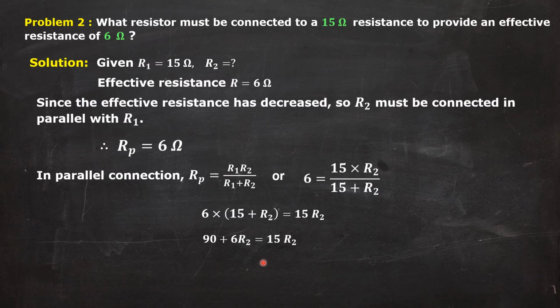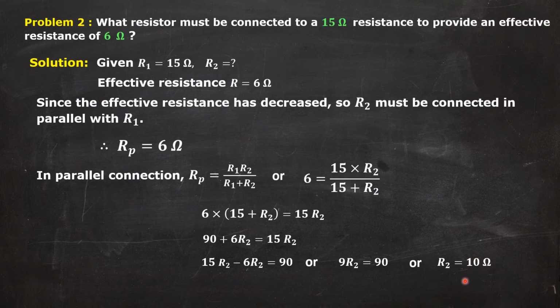So 6 into 15 is 90 plus 6 R2 is equal to 15 R2. If you transpose plus 6 R2 to this side, we get 15 R2 minus 6 R2 is equal to 90, or 9 R2 is equal to 90, and R2 is equal to 10 ohms. 90 divided by 9 we get 10 ohms.